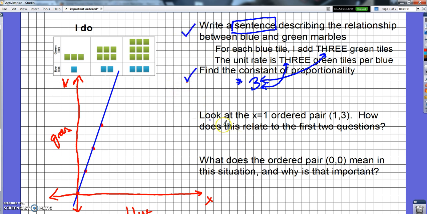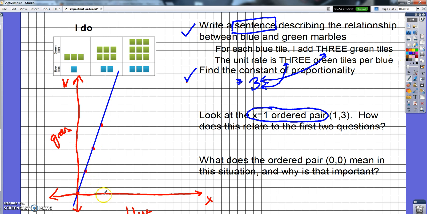Continuing in there, anytime you have a graph of a proportional relationship, the x equals 1 ordered pair is an important one. So if I look on the graph, this is my x-axis right here. So I want to look where x is 1.